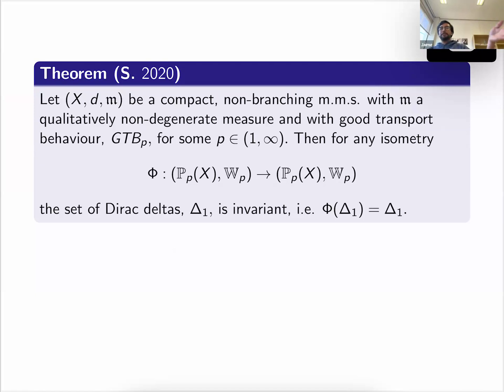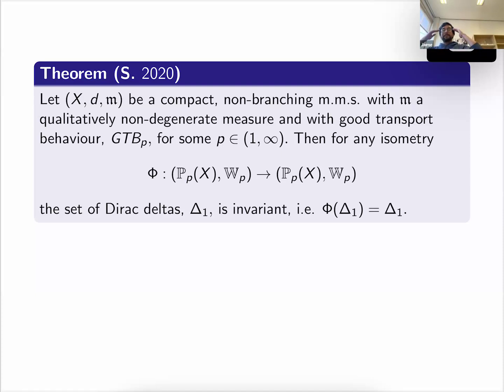And well, the first result is that if I have (X, d) compact, and m is a measure on X, I will assume that geodesics do not branch, with m satisfying some technical requirements that I will not really define, for some p strictly greater than 1, then any isometry leaves the set of Dirac deltas invariant. That is, phi always sends one Dirac delta to another Dirac delta.